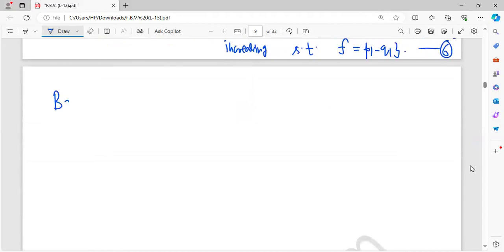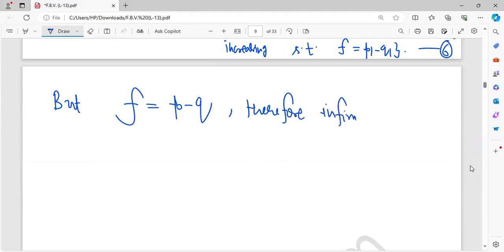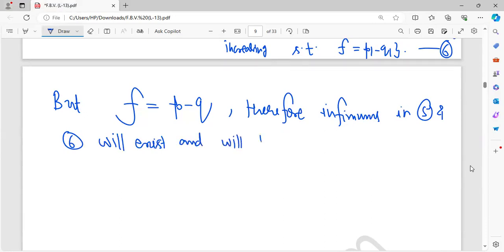But F is also P minus Q. Therefore, infimums in 5 and 6 will exist and will be equal to VP, VQ respectively.